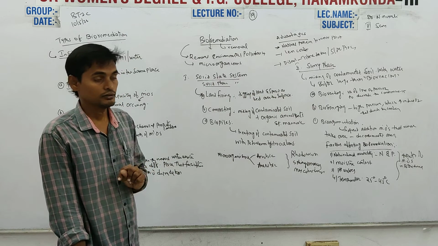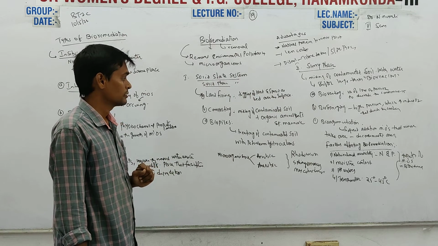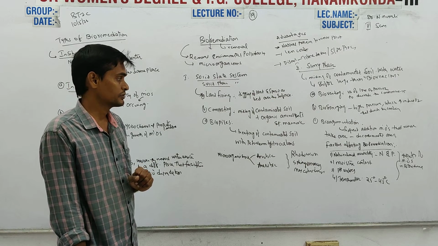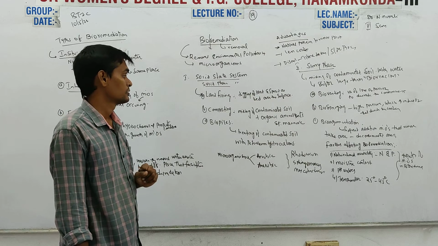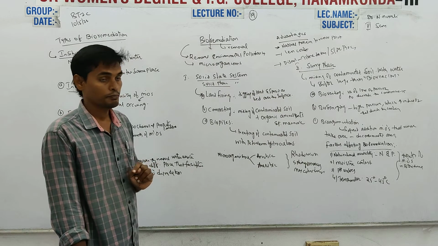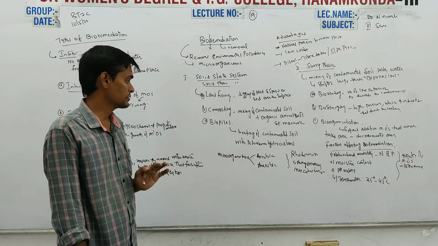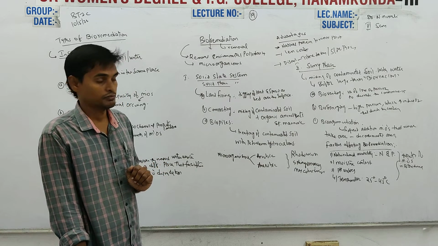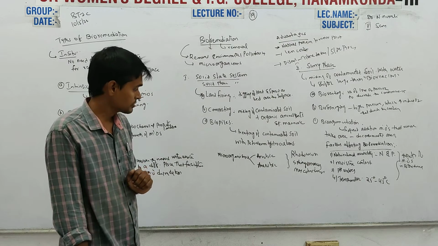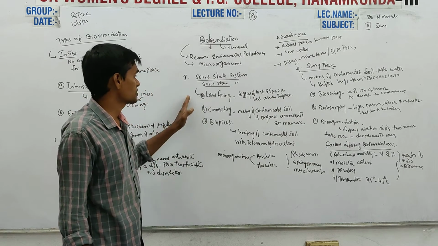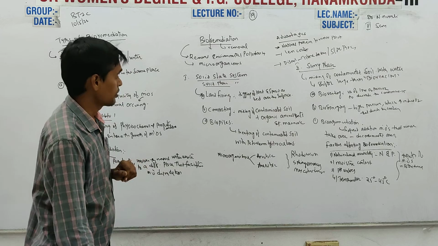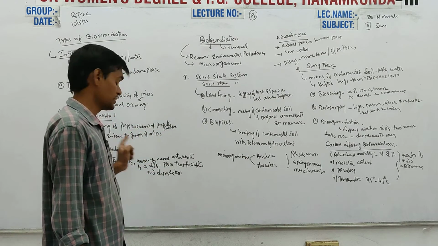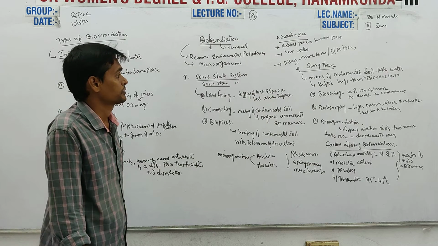Next, composting is mixing contaminated soil with organic amendments like manure. Next, biopiles, treating contaminated soil with petroleum hydrocarbons. All this comes under the solid phase system of ex situ bioremediation.